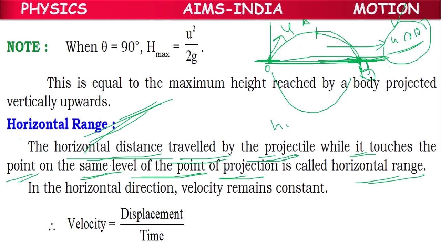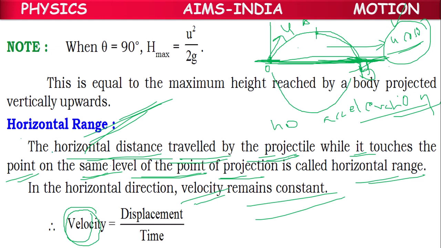Constant velocity means there is no acceleration, means normal formulas we can apply in the case of horizontal motion. So horizontal velocity remains constant in the case of oblique projectile.